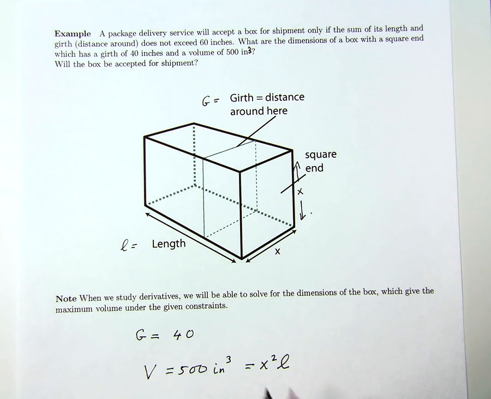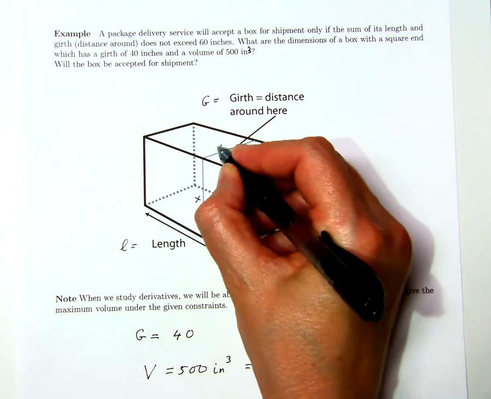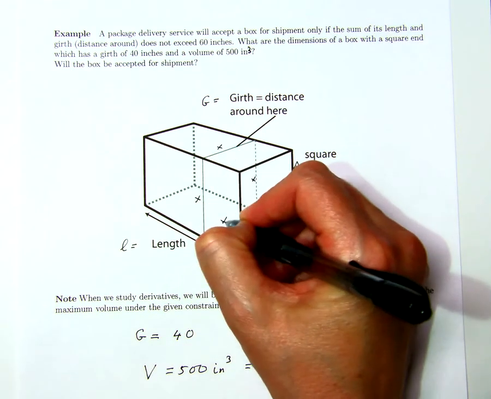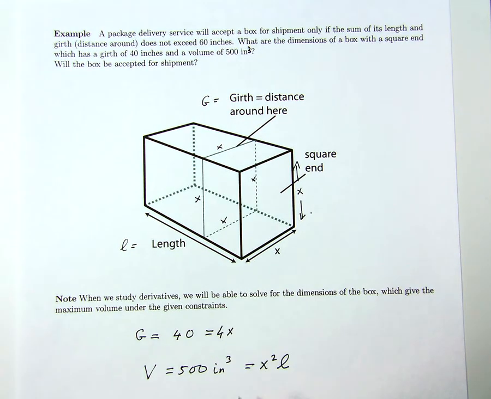And the question is, what are the dimensions of this box, which has a square end and the girth is 40 inches? Now we can write the girth in terms of x here. It's just 4x. So we know 4x is 40, and that tells us what x is.